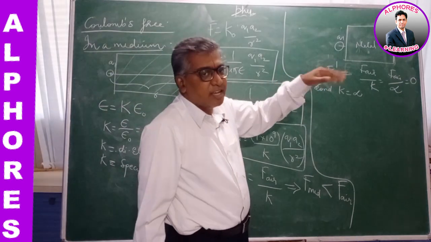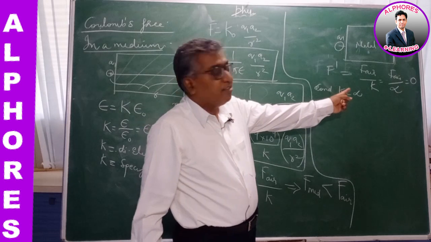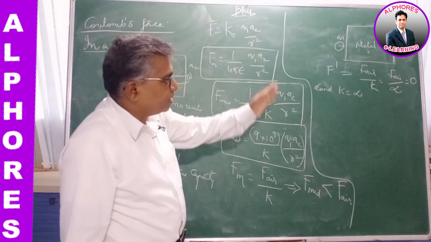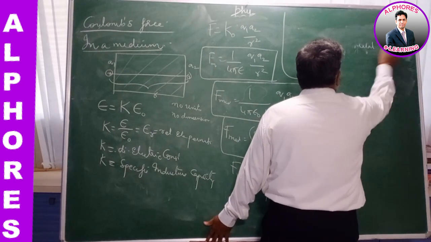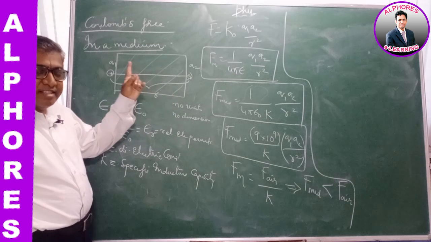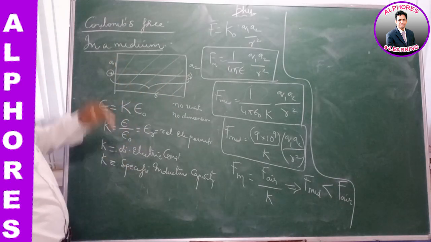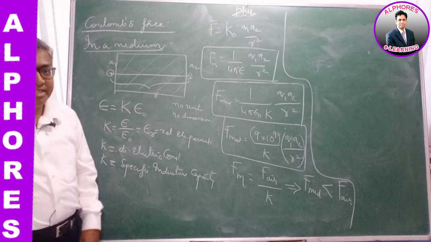So why does this happen? We will be talking about this in the later classes. But whenever a metal slab is placed between them, then the force becomes zero. For any medium, force decreases. The force is said to be maximum when the charges are separated by either air or vacuum, right? So this is the formula for the force in air or medium.